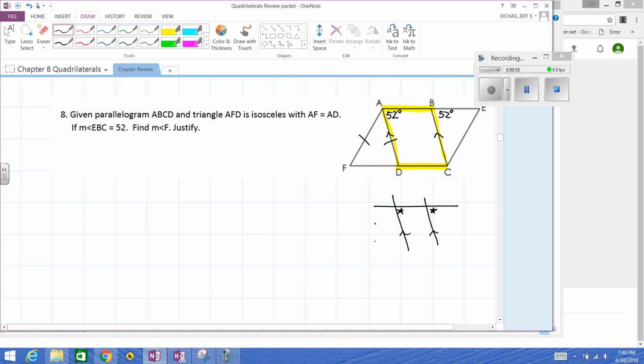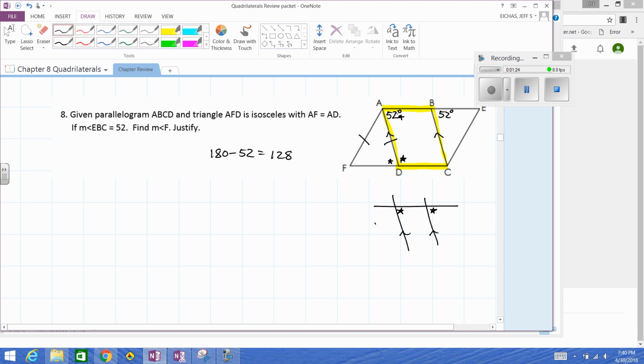We could do 180 minus to get this one. Yeah, let's just do that. So these two are supplementary here. So 180 minus 52 is 128. Now, this angle right here now is also going to be 52.